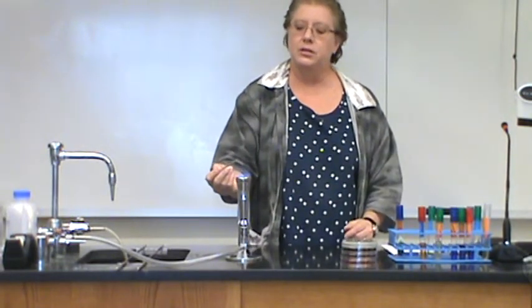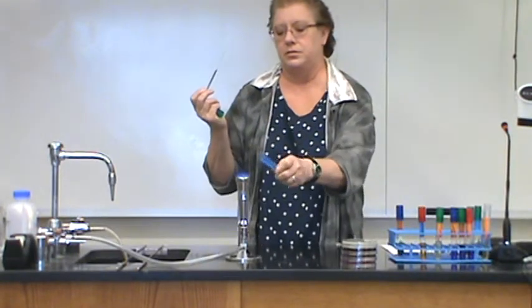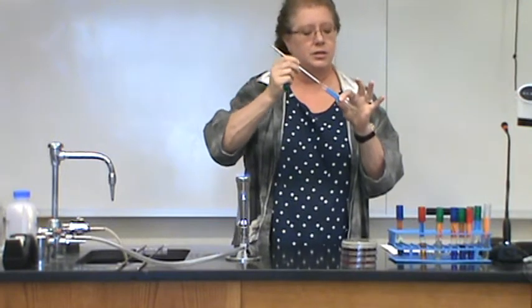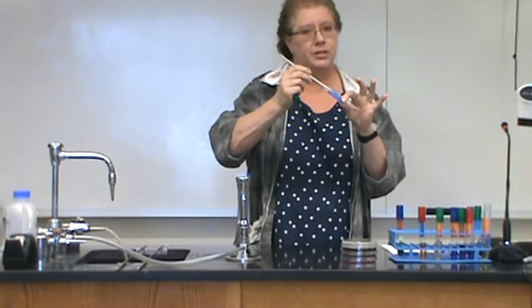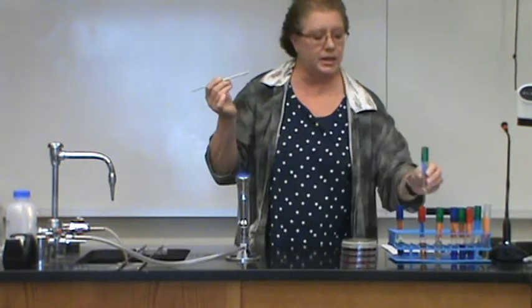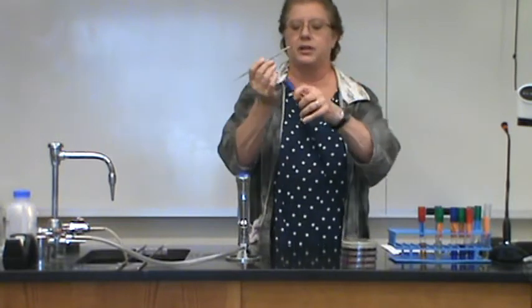But you're not finished yet. Remember, we're doing a streak and a stab. So now you pick up your inoculating needle, and you go ahead and flame that to sterilize it. Okay, pick up your unknown again. Flame the top. Go in, cool your needle, and then jiggle your needle around to get bacteria all over it. Flame the top, put the lid on, get back down. Again, pick up your Simmons citrate agar.